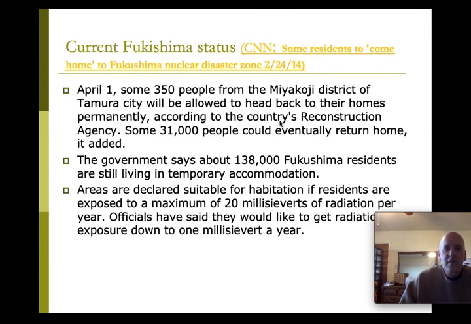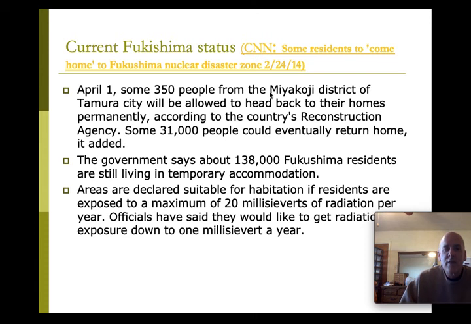So, current status, this information is from 2014. Some residents were allowed to come home into the disaster zone. About 350 people from the district were allowed to head back to their homes. There are 31,000 people that eventually should be able to return home, they added.